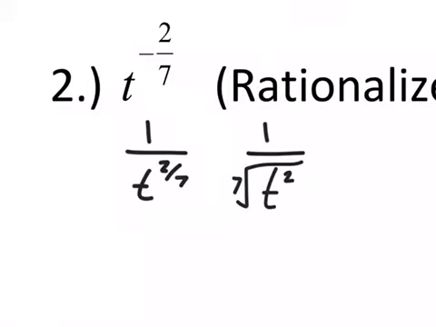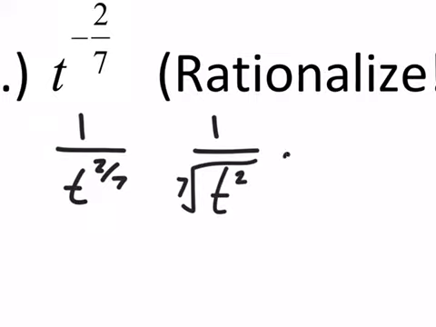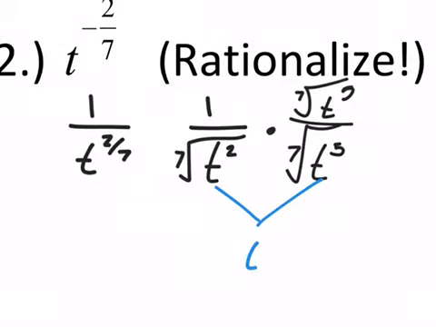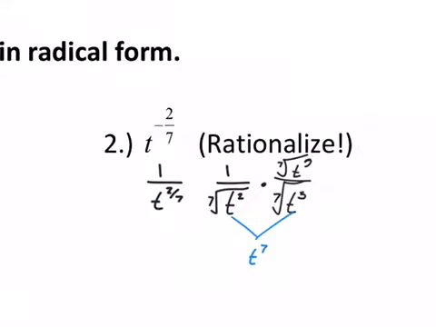So I might as well put the squared with the t because it gets me closer to making it to the 7th power anyways. Now, in order to escape the 7th power, I need this t to be the 7th power. So we want to bring in t to the 5th power. And what we do to the denominator, remember we must also do to the numerator. Now, when these multiply together, we get t to the 7th.